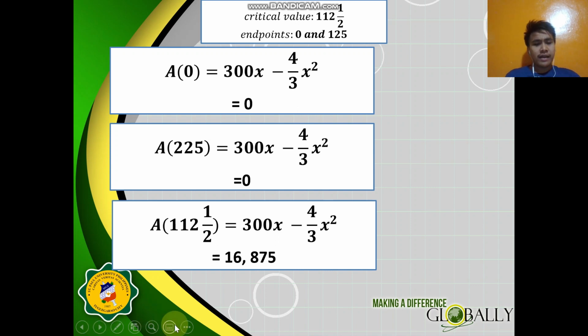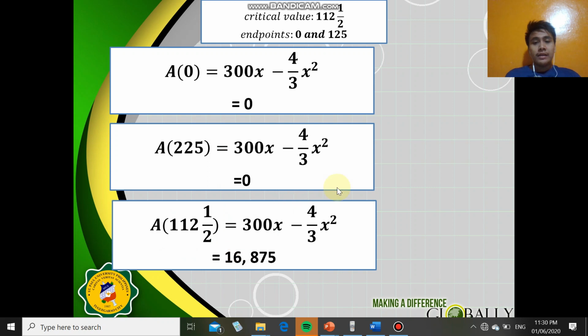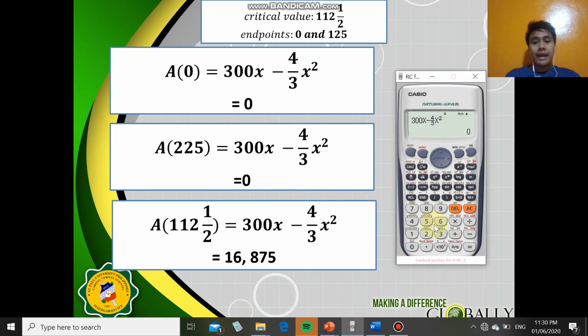So this will give us 16,875. So let's check if this is true by using our calculator. So if our x is 225, and there you go, it's 0. Then if our x is 112.5, this will give us 16,875.